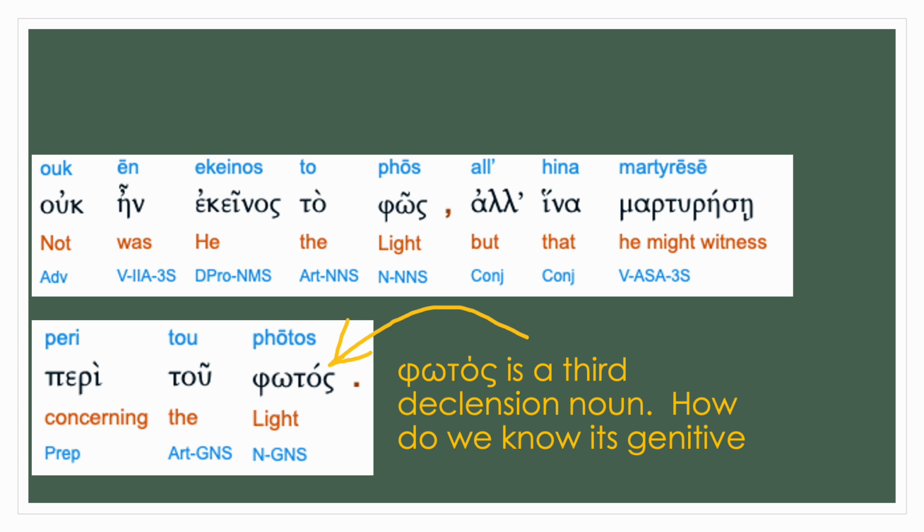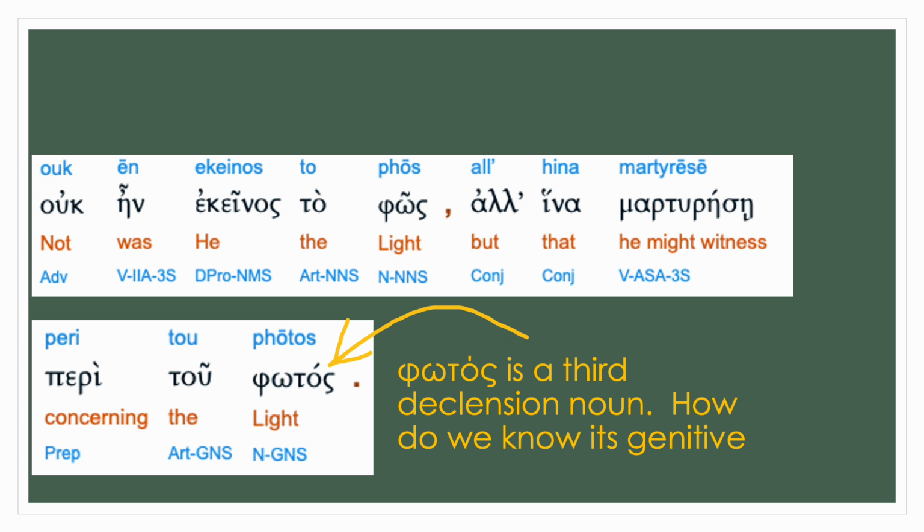On Bible Hub, it tells you at the bottom, it just gives you letters for what the parsing is. It says art, that's short for definite article, and the definite article will always agree with the noun that it goes with. It's usually translated as the. Sometimes you get some other translations, but usually is the.